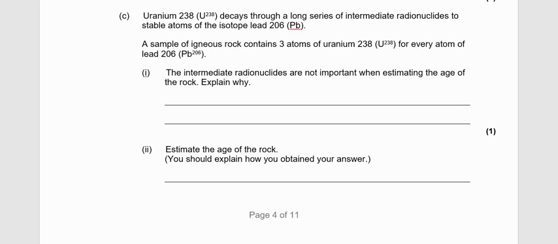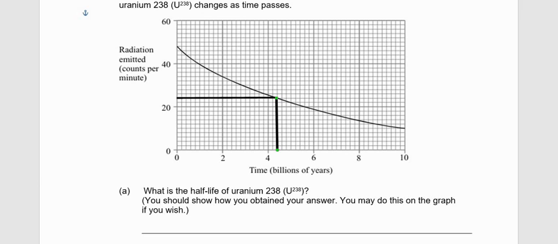So we need to go back to our graph. We started off at 48 counts per minute. So if we have 3/4 of the total amount of uranium left, then we have 3/4 the activity. So 48 divided by 4 times 3. That's 36 counts per minute. So just like before, we need to read across from 36.